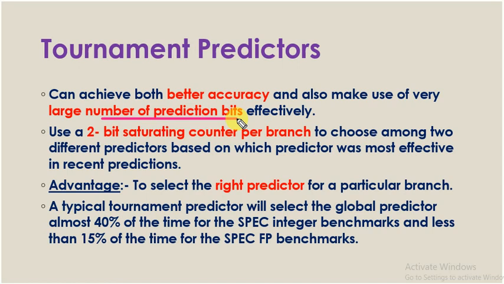It uses a 2-bit saturating counter per branch. For each branch, it uses a counter to choose between two different predictors based on which predictor was most effective in recent predictions.